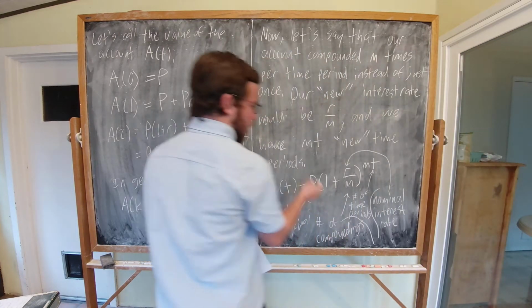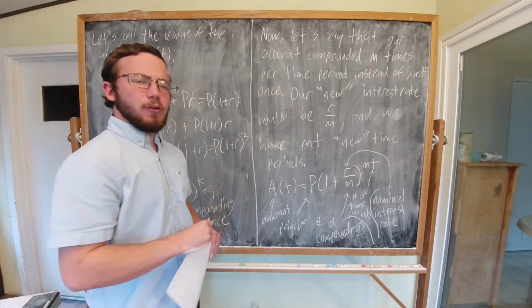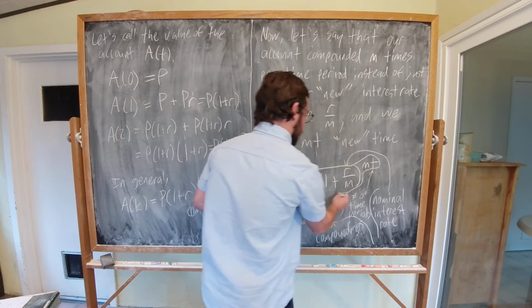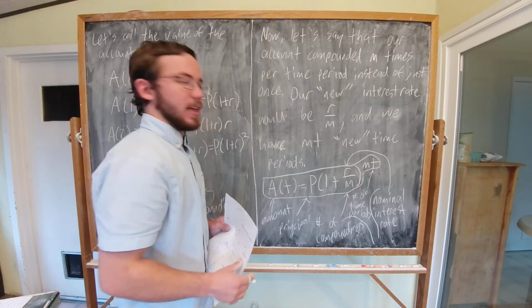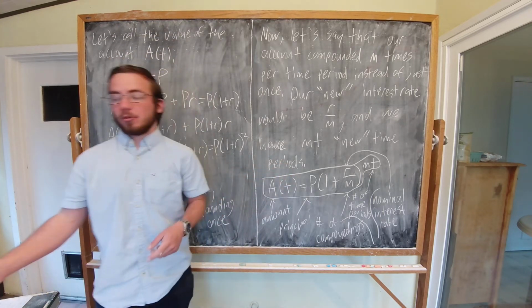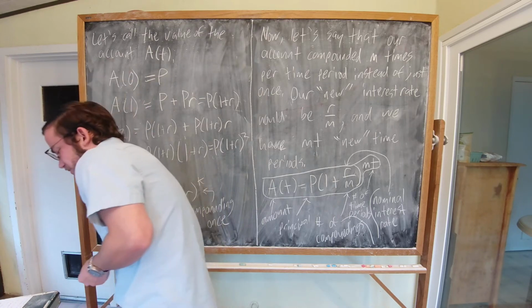Alright, so this is our new and improved formula for compound interest. This is one to remember, especially for people who want to go into the business world. This formula becomes very important. So let's do an example of it.